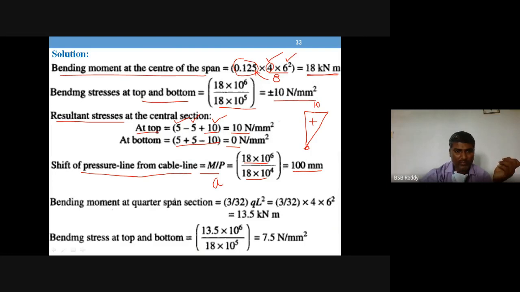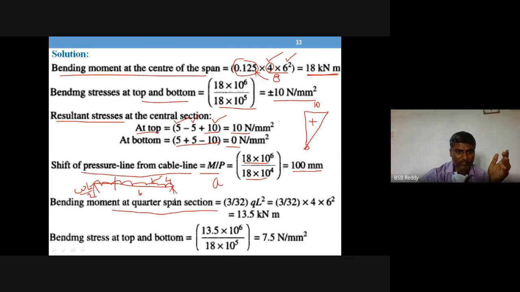Now the bending moment at the quarter span section, we have calculated using the formula for a simply supported beam having UDL. W is 4 kilonewton per meter, 6 meter span, so WL by 2 is the reaction.